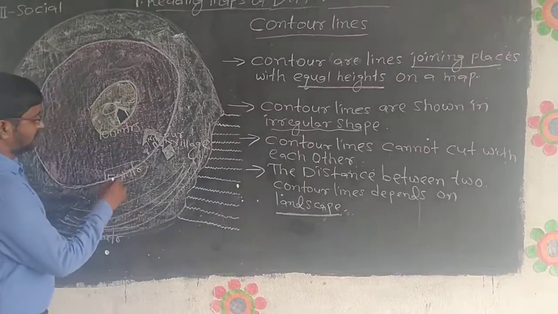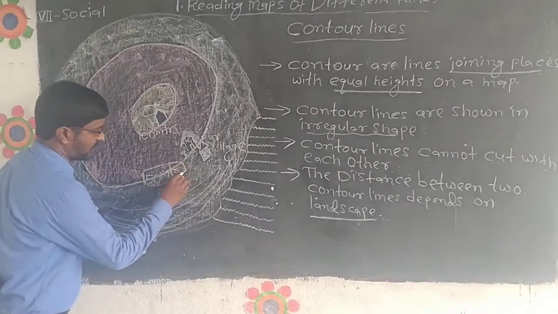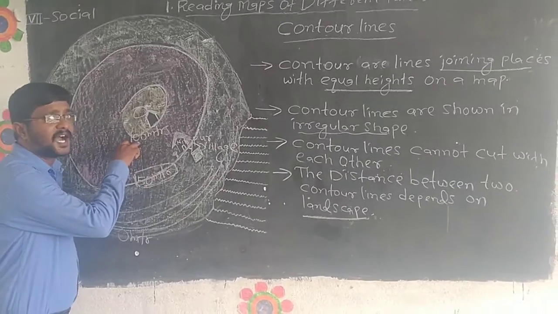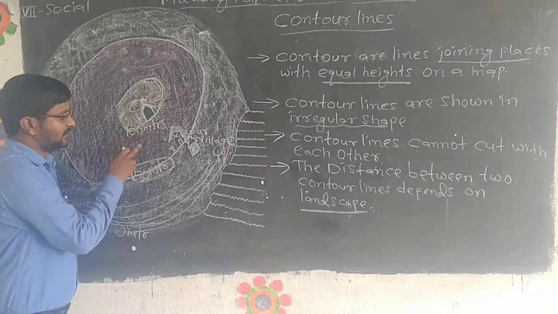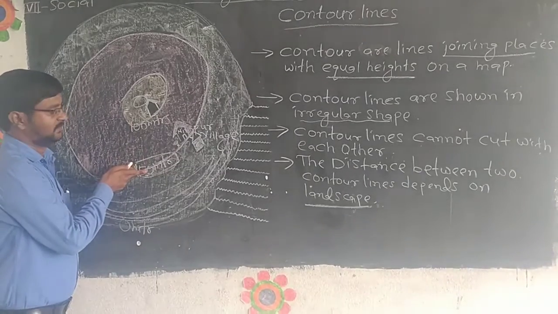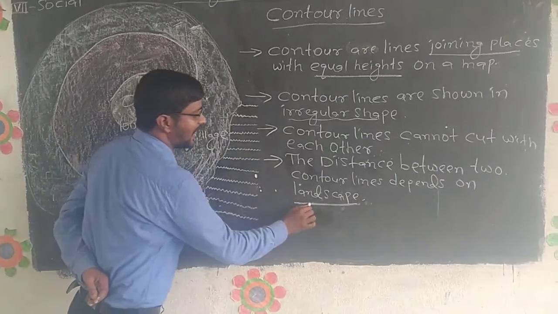See, what is the height of this contour line? This is 50 meter contour line. This one 100 meters contour line. See, the distance between these two contour lines, it depends upon the landscape.